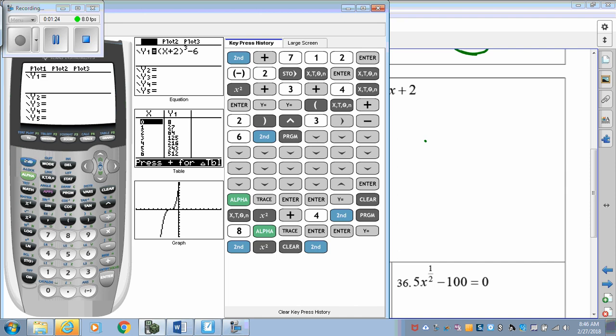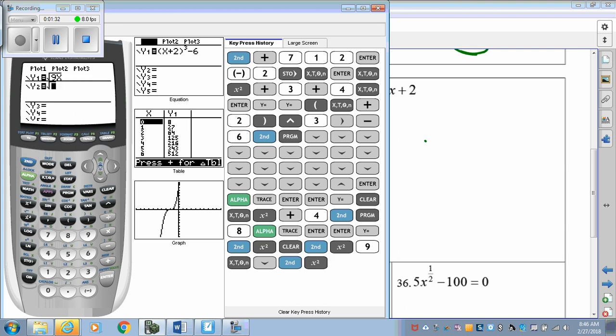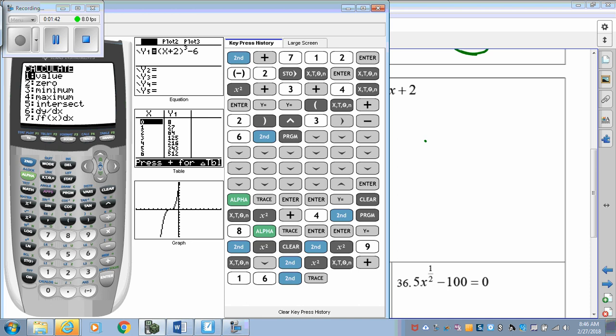So square root of 9x for that one, and then y2 is going to be the square root of x plus 16. Alright, and then now if I do second trace, and I'm looking for the intersection, because the intersection of two functions is the solution. Alright, that would be the value that makes both of them true.